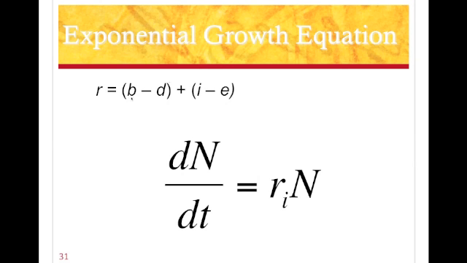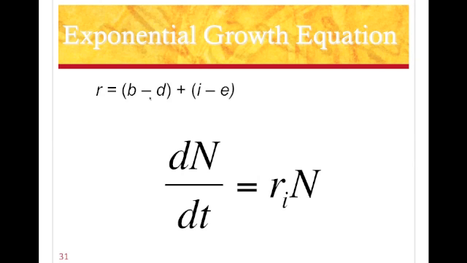B stands for birth, D stands for death, I stands for immigration, and E stands for emigration. Immigration is coming in, emigration are those leaving. So if you want to know whether a population is growing or shrinking, you need to know its birth rate minus its death rate, and you need to know the immigration minus the emigration.